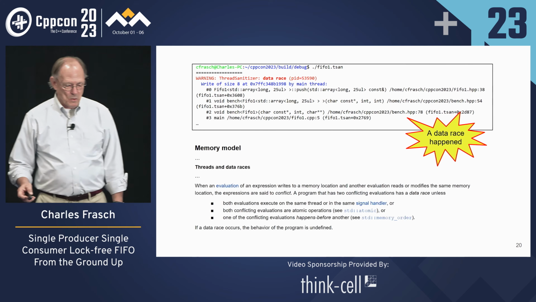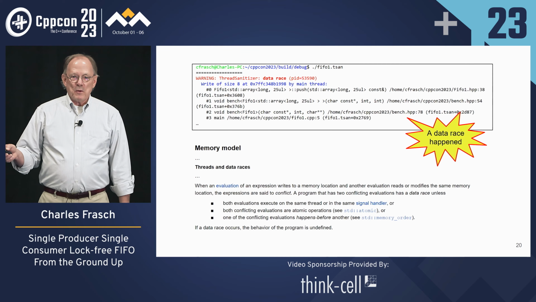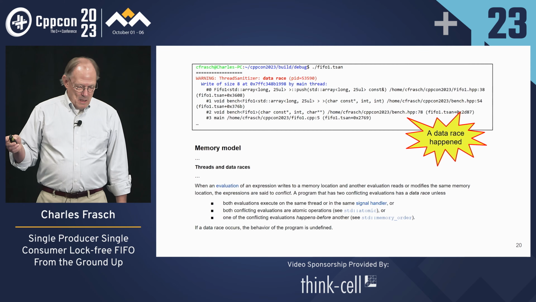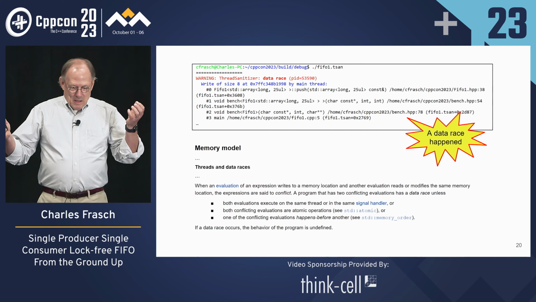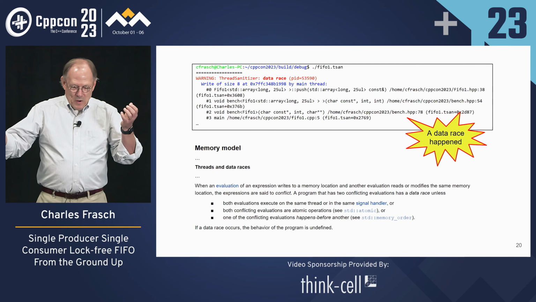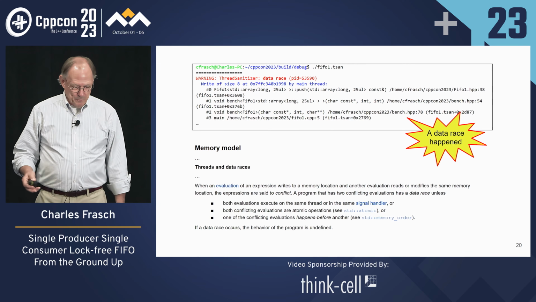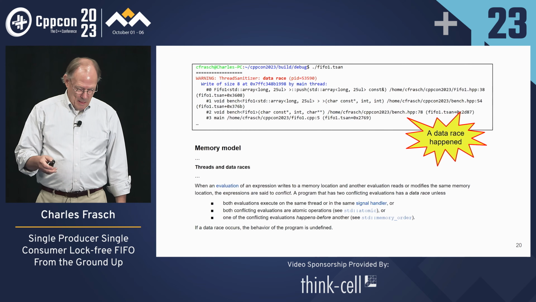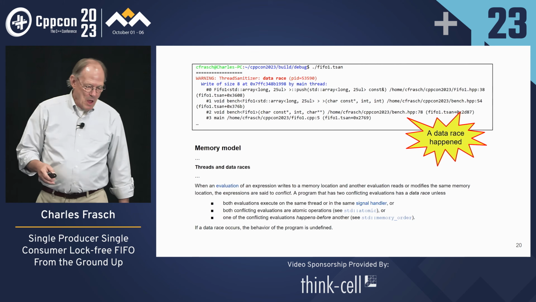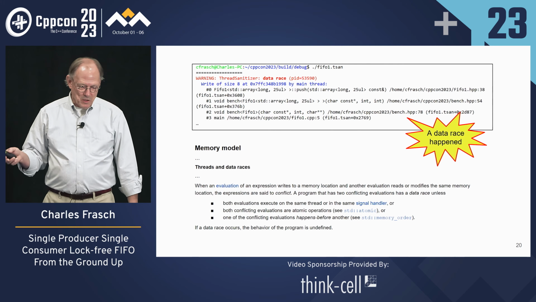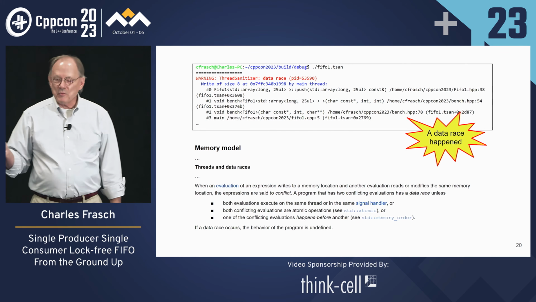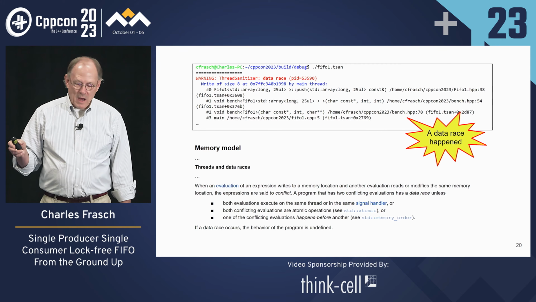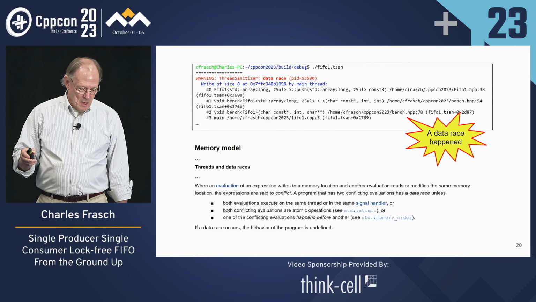What are data races? Well, cppreference and the spec say, and I'll just read it to you: when an evaluation of an expression writes to a memory location and another evaluation reads or modifies the same memory location, the expressions are said to conflict.